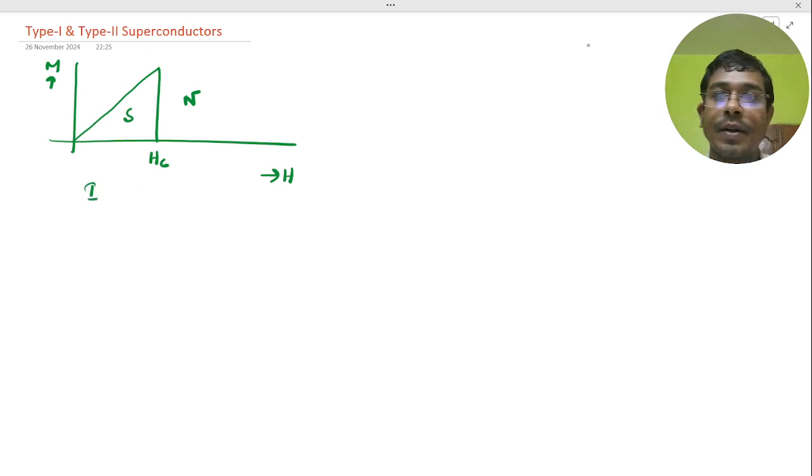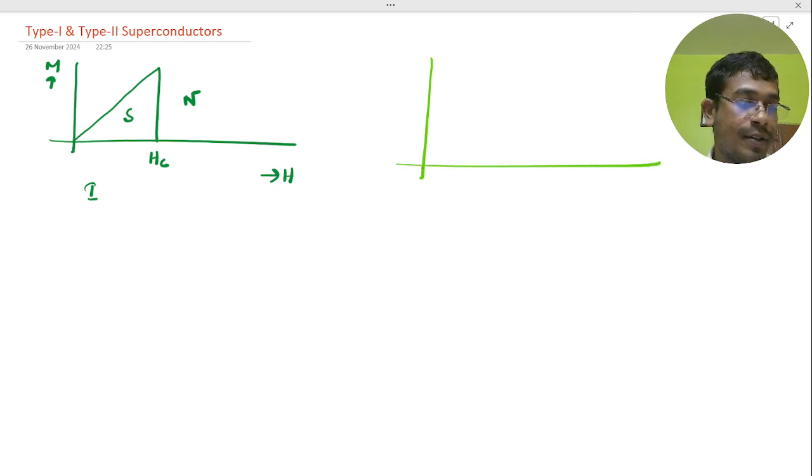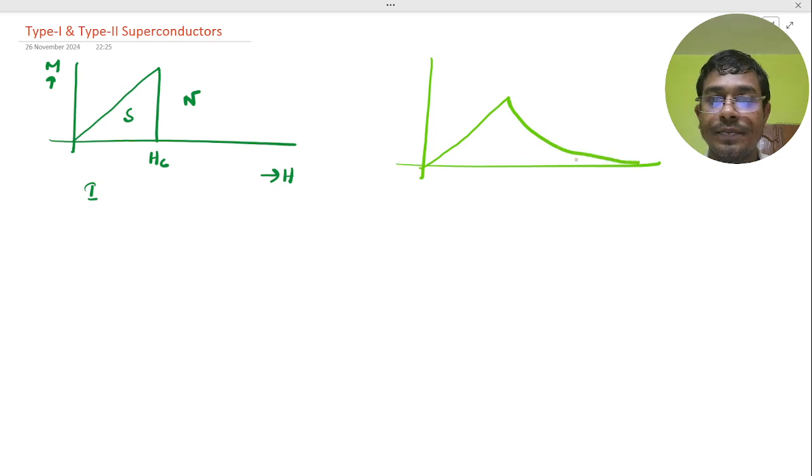Type 1. And go on next to type 2, which basically increases linearly here and then should decrease like that.